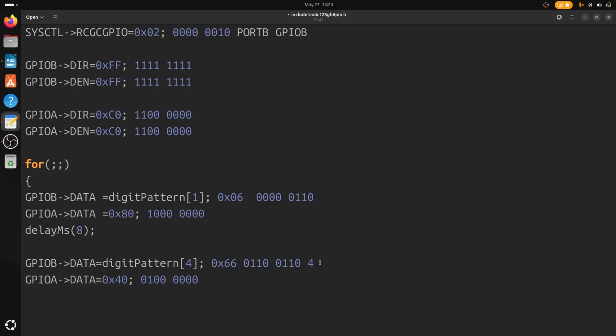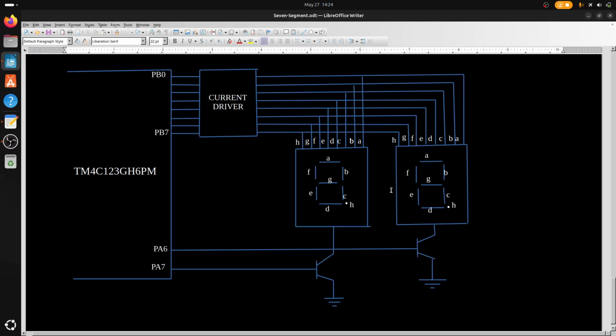For that I'm selecting pin number 7, sorry, pin number 6. Pin number 6 means this one, right? So the digit 4 will display here.